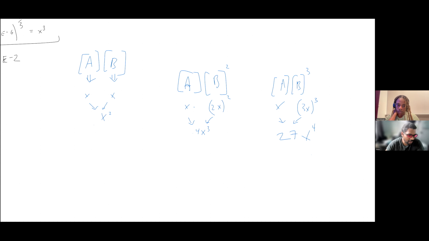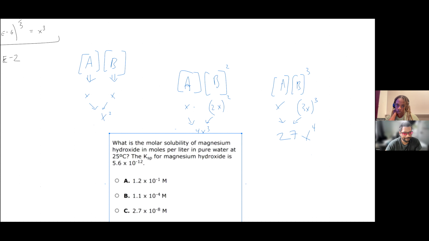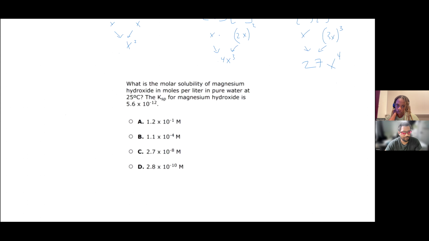Okay. So now I'm going to give you a problem here, and why don't you try this out? This is the molar solubility of magnesium hydroxide.